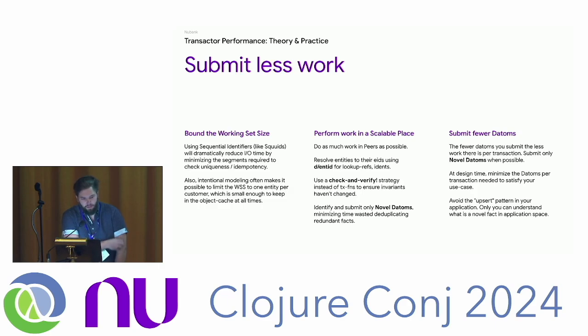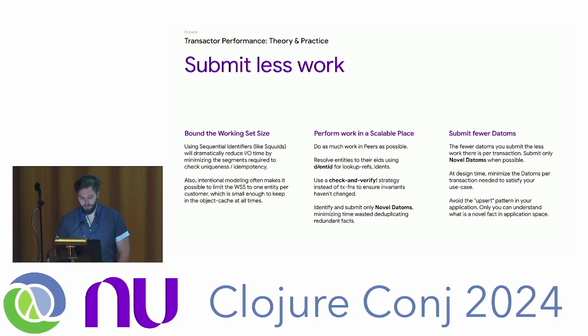I don't think that we have any public docs on this, but you can make a long calculation in the peer to assert an answer and then verify that the basis on which you made that decision hasn't been invalidated inside of the transactor with a transaction function. And you can do that instead of running the long checking process to decide what to do inside the transactor as a transaction function.